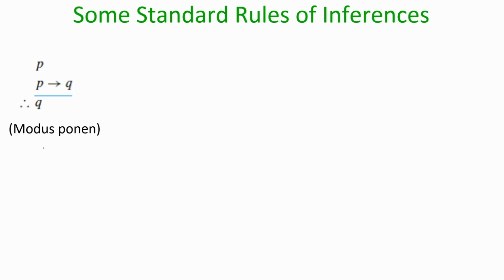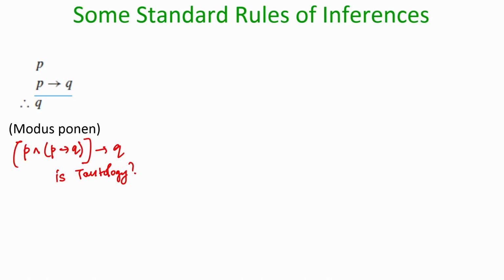To verify whether this is a valid argument form, you have to verify whether P conjunction (P implies Q), overall implies Q, is a tautology or not. And you can easily verify that this is a tautology using the truth table method. I am not going to do that, it is an exercise for you.